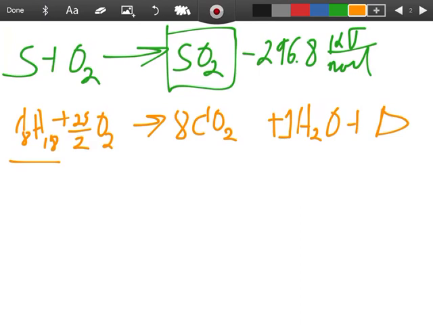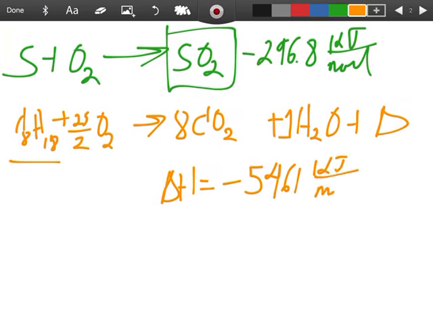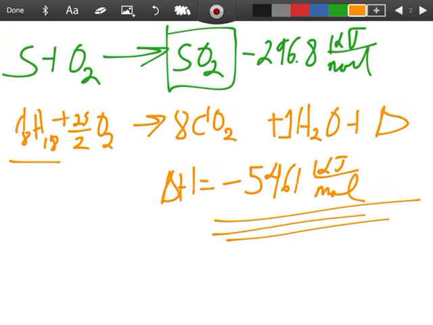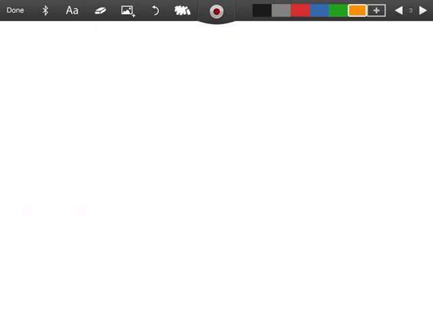And the heat that this reaction is going to release is going to be minus 5,461 kilojoules over mole. So you can see it's even a lot more energy. And there are other compounds that can also release huge amounts of energy.